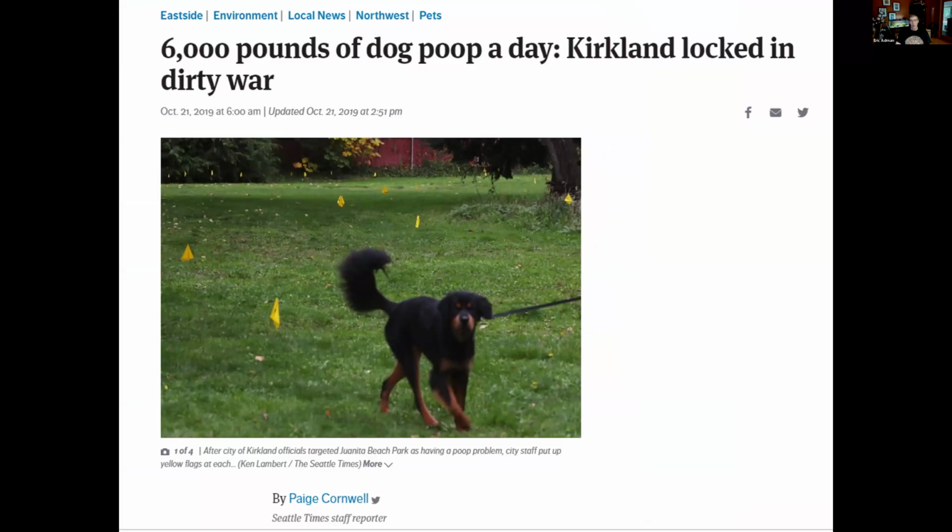In fact, Kirkland did a really interesting study on the amount of essentially unpicked up dog waste and discovered that that was still an issue. And so they did an experiment with flagging to essentially highlight the issue and see if they could get some behavior change.